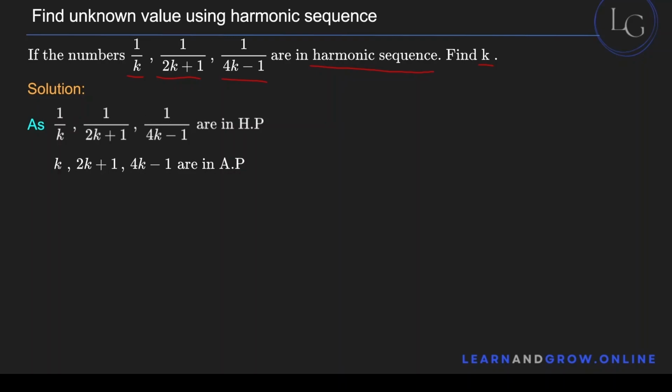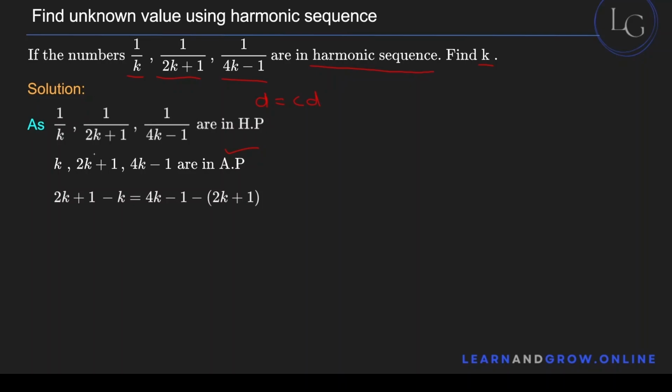So 1 by k becomes k, this becomes 2k plus 1, and this becomes 4k minus 1, and this is the equivalent arithmetic progression. So as you know, d is the common difference, and basically the common difference is the difference between two consecutive terms.